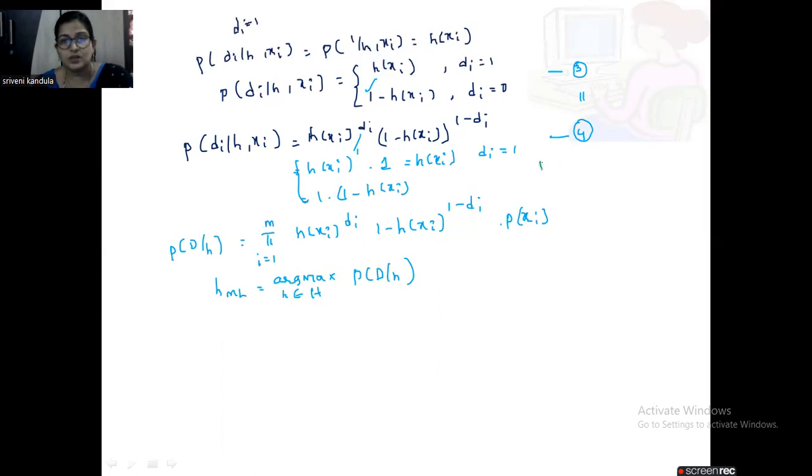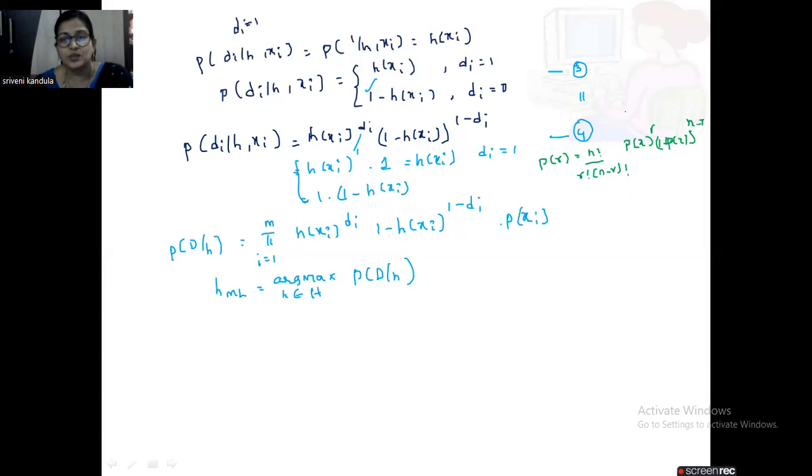As per binomial distribution, we can write P of r as n factorial divided by r factorial into n minus r factorial, multiplied with P of x to the power of r multiplied with 1 minus P of x to the power of n minus r.